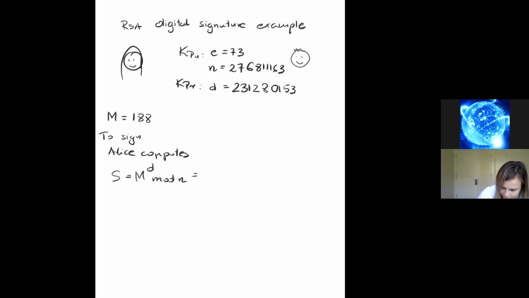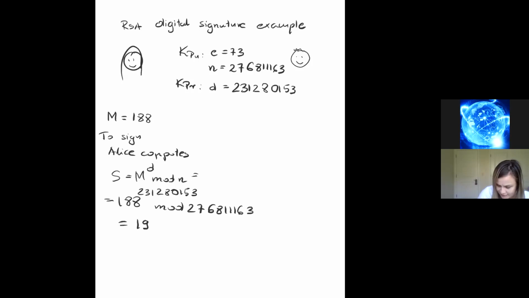So we have 188 to the power d, 231280153, everything modulo n. And that gives us as a result 198986577. Of course, I have it pre-computed.